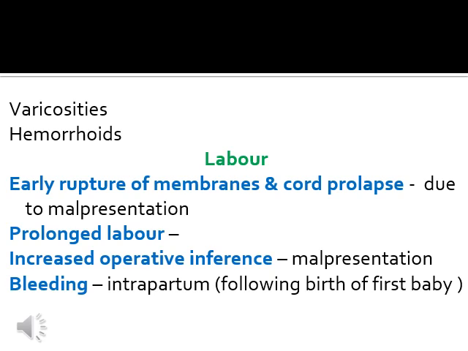I have already explained, if the placenta is big, there is more chance of the placenta coming down on the lower part of the uterus and causing bleeding. That type of bleeding is known as antepartum hemorrhage. So these complications you can see even in the labor period if the mother has a multiple pregnancy.